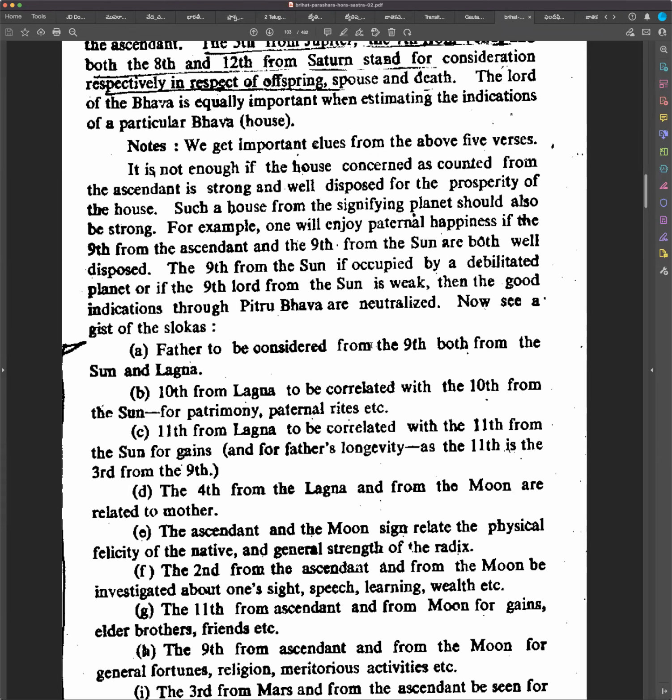I have seen that many Rishis decoded their subject by including so many things.